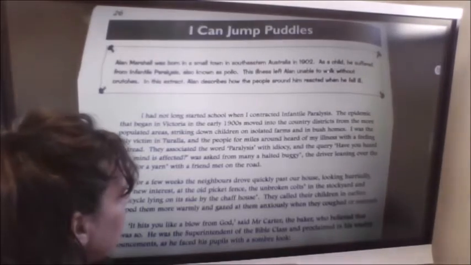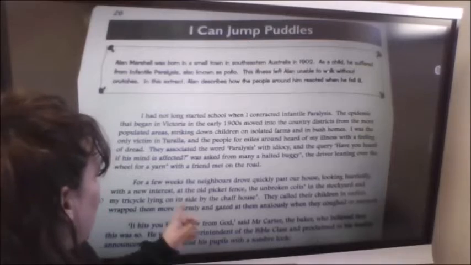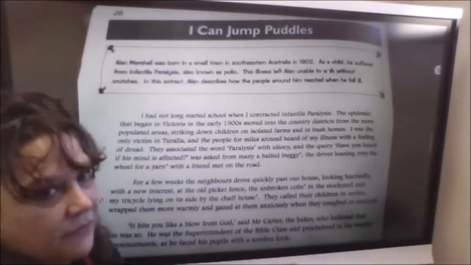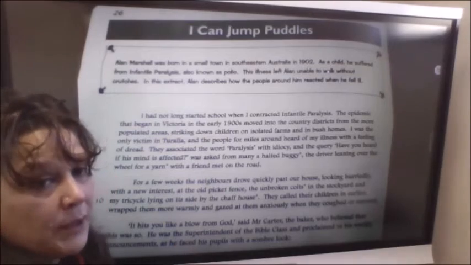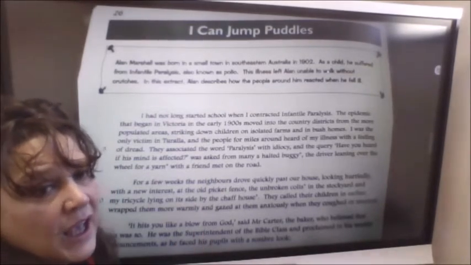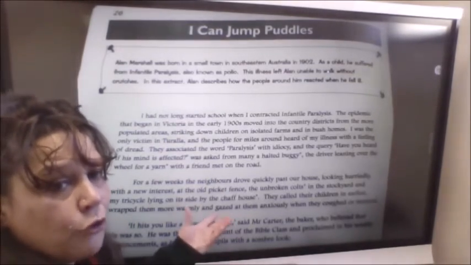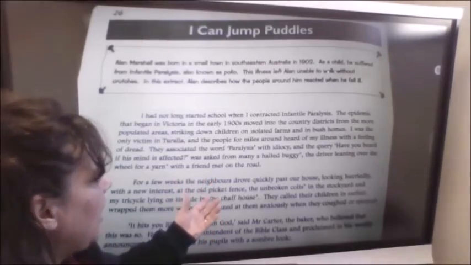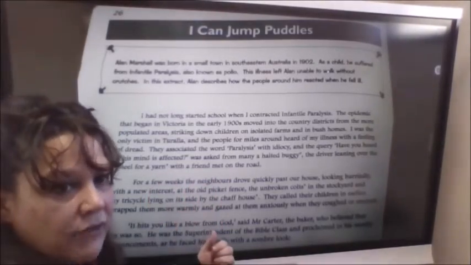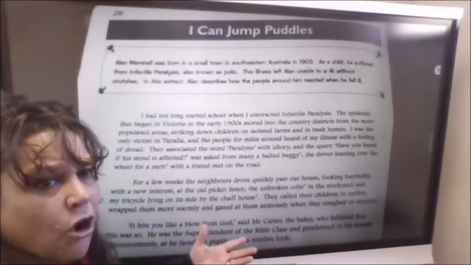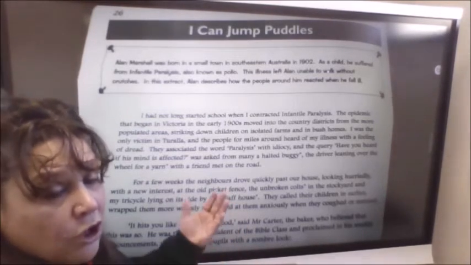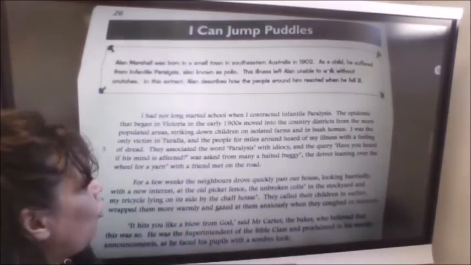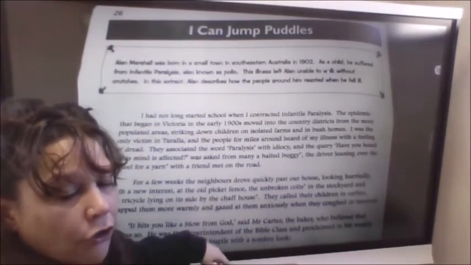"The query, have you heard, is his mind affected, was asked from many a halted buggy." So people would stop his parents whenever they saw them, perhaps in the nearby town, and ask, have you heard, is his mind affected? So, is he not going to be able to develop along with his peers? And halted buggy, you've got in your glossary.